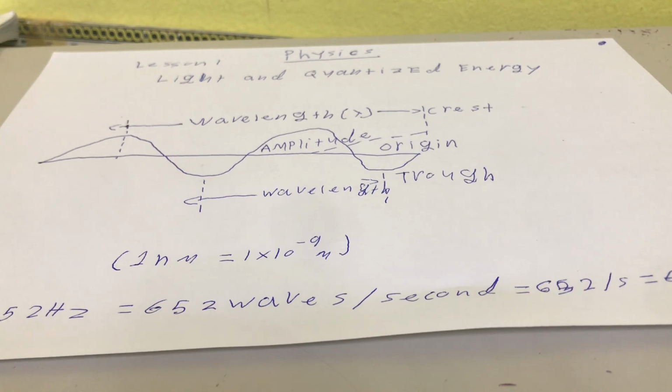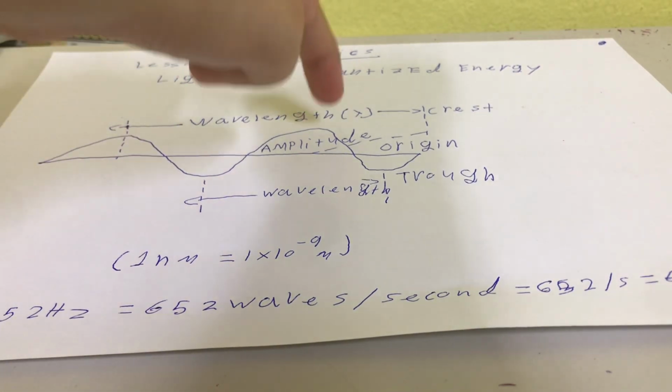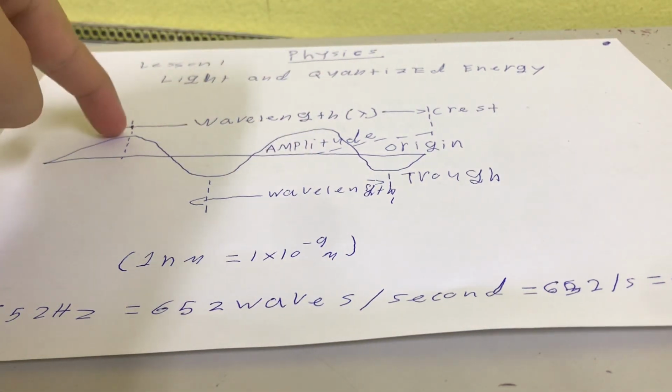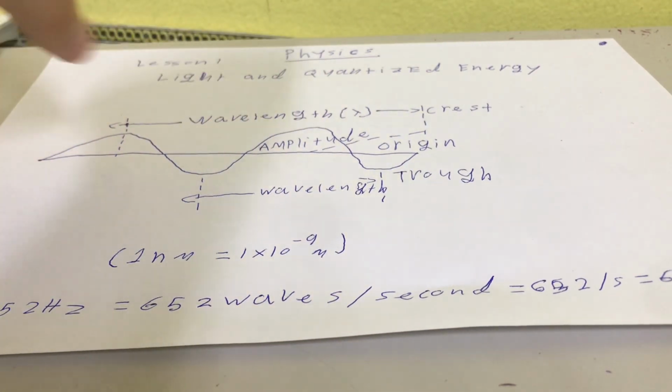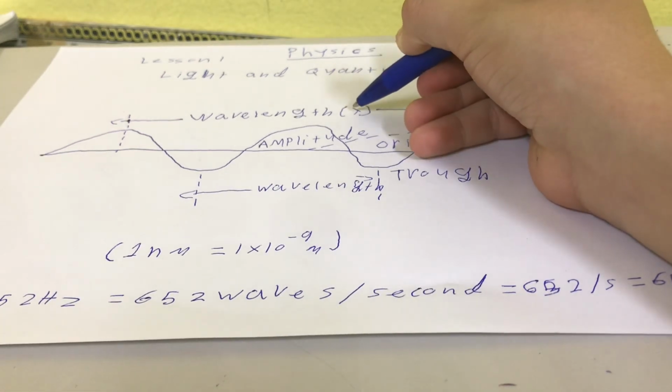Here we have a wave, and the distance from this point to this point is the wavelength, the length of the wave. We represent wavelength with the symbol lambda.